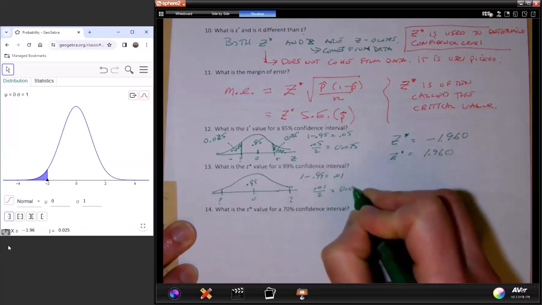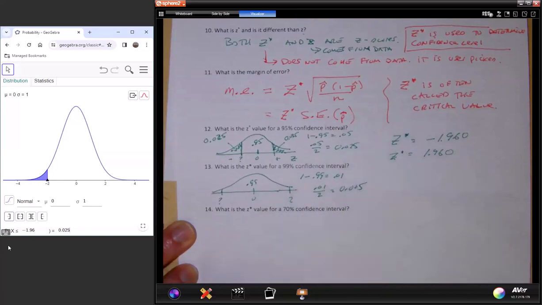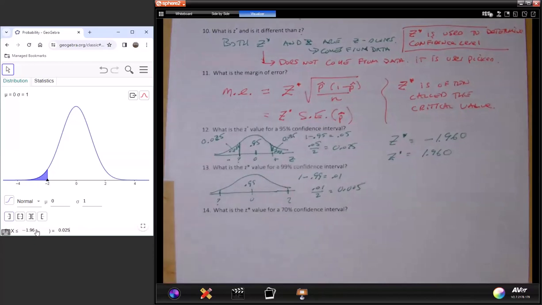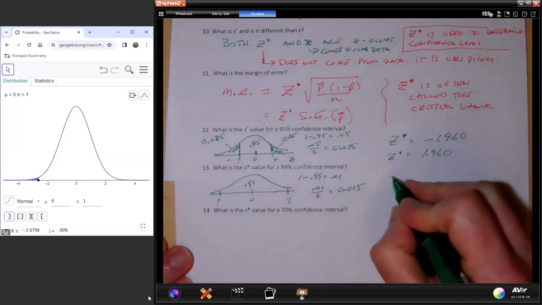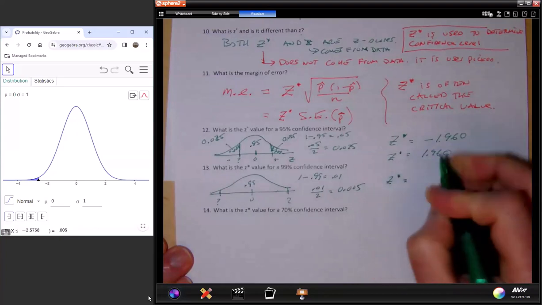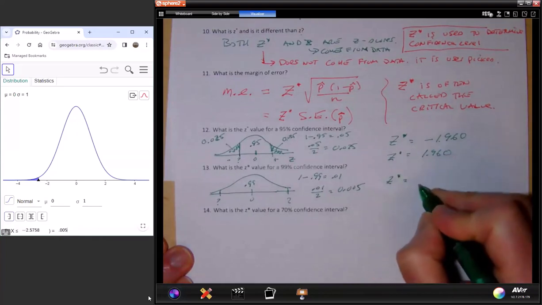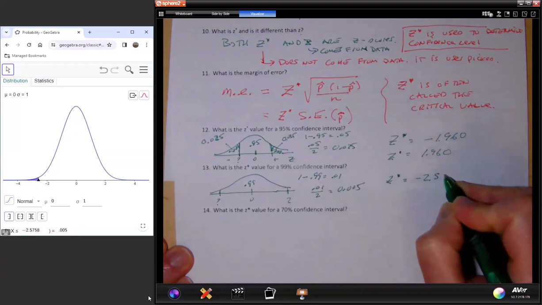You get 0.005, and that's the endpoint. So I'm going to come over here and just type that in as my endpoint, 0.005. And again, I could have done above or below, it doesn't really matter. And I get this value. So for a 99% confidence interval, Z star is going to be negative 2.57.